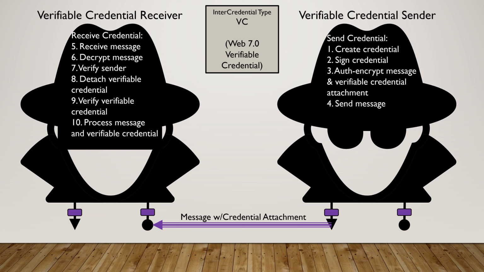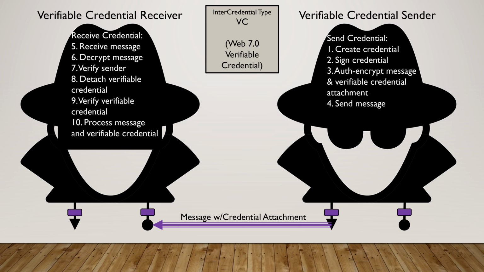On the right-hand side, the verifiable credential sender needs to create the credential and sign it, auth encrypt the message and the verifiable credential attachment, and send the message. So the only additional step here is step 2, where we're signing the credential, attaching a verifiable proof, a verifiable signature to the credential before we auth encrypt it and send it across to the receiver on the left.